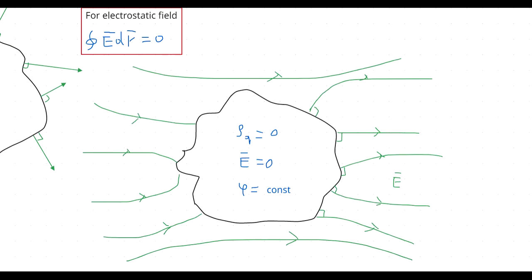Situation will be the same for all these lines. These lines are perpendicular to the surface of conductor.